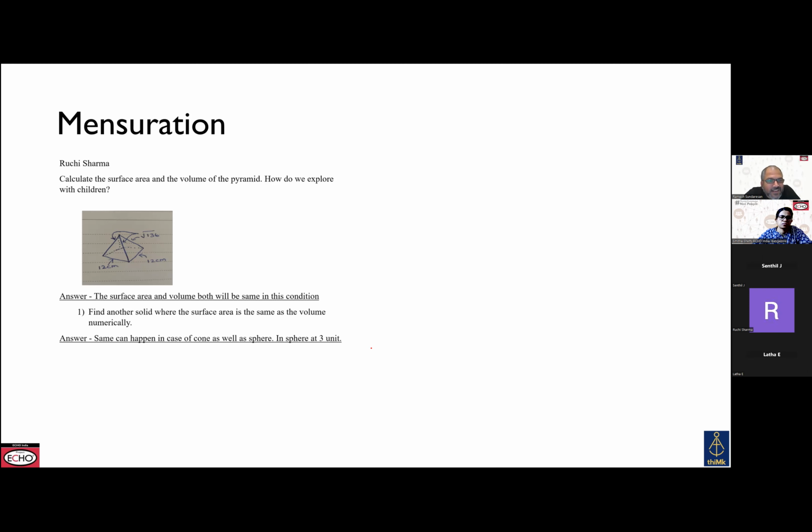Ruchi has said the same can happen in the case of a cone as well as a sphere. If a sphere has a radius of 3 units, I think is what she means. Yes, which is right, because 4 by 3 pi r cubed, so with 3 units it will become equal to 4 pi r squared. And in a cone, is there any specific way in which it has to happen?